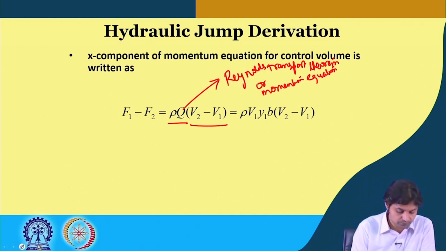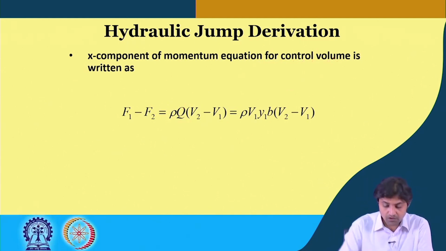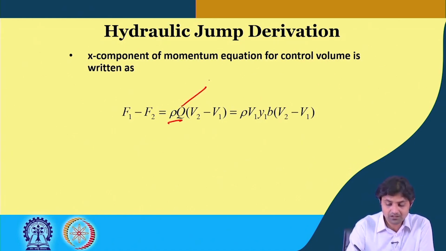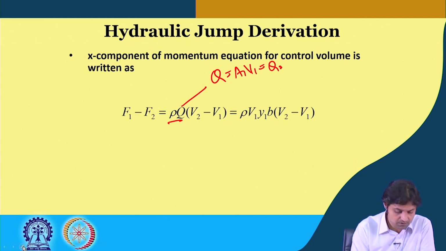Now, q can be written as A1 V1 equals A2 V2.